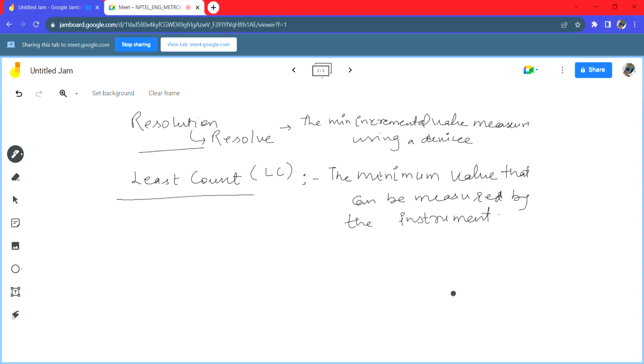Now, what basically is the difference between these two, and why is the word incremental important here? Incremental value, what does this mean? To see this, let us take an example of a galvanometer. Consider this to be, say, not a galvanometer but any deflection type of instrument, and we have a pointer here and a lot of scale here.